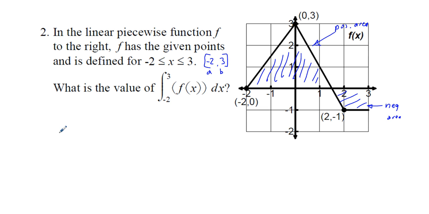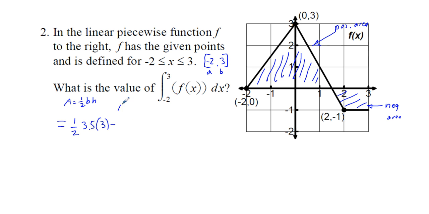The area of a triangle is 1/2 base times height. So we have 1/2, and our base is 1, 2, 3.5, so I'll say 3.5, and our height is 3. Then we subtract out the area of a trapezoid.